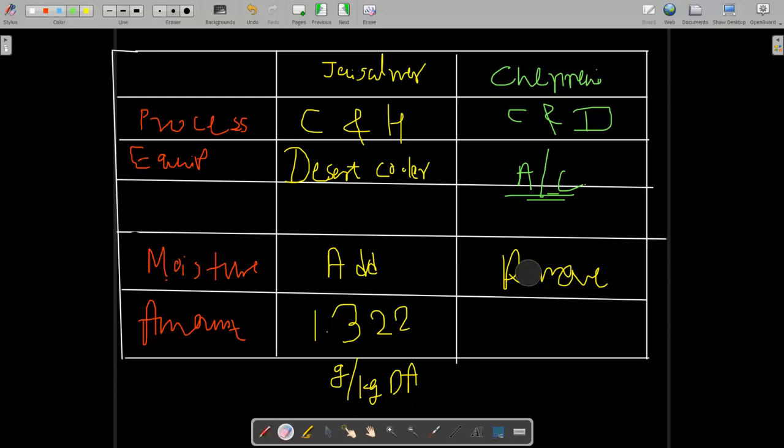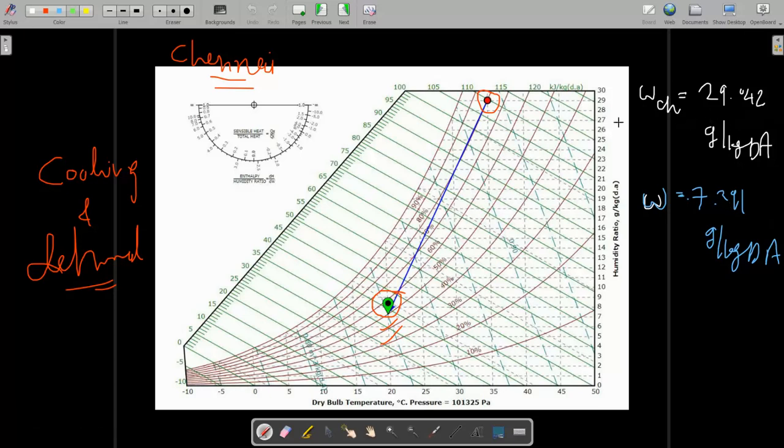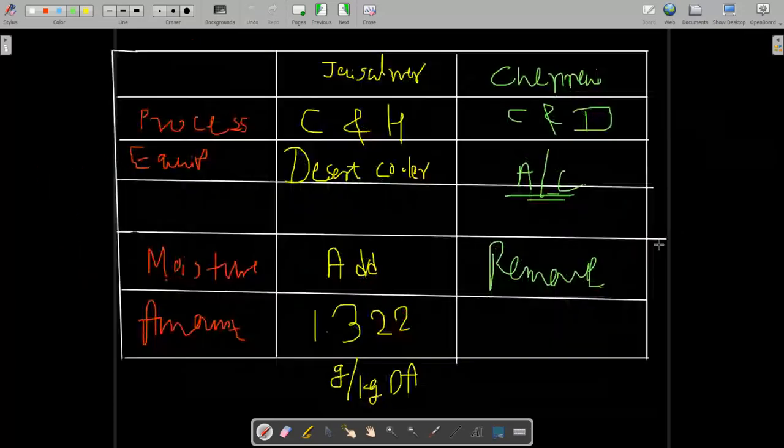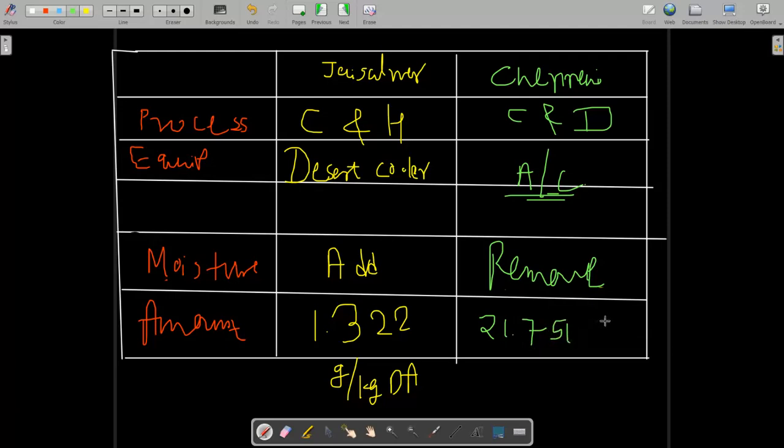And here we have to remove. How much moisture we have to remove is the difference between the initial and final humidity of Chennai. So you will get 21.751 gram per kg of dry air.